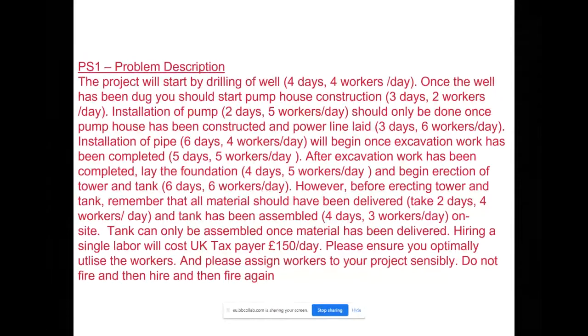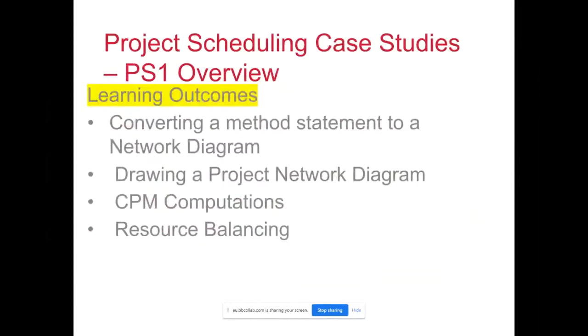Now, if you remember when we concluded the previous session, one of these problems was given to you to reflect. So this problem was aimed to develop certain outcomes. Firstly, how to convert a method statement to a network diagram.